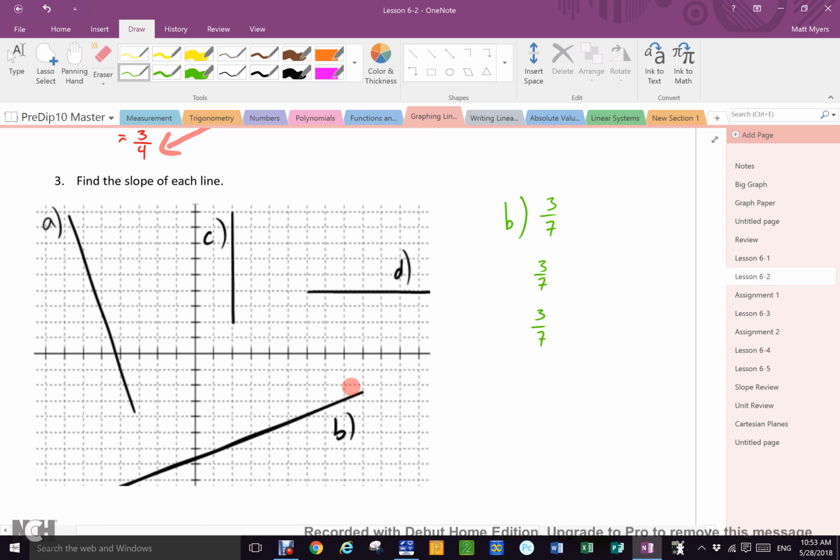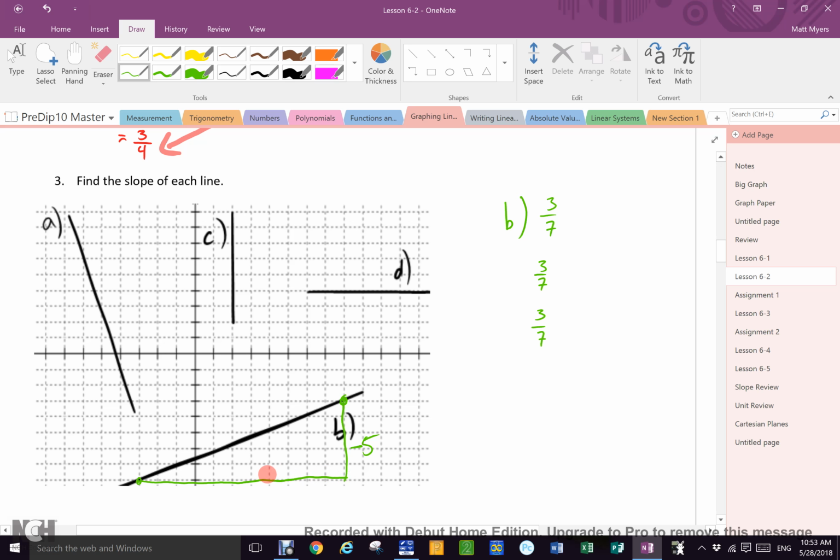So, if I started there, 1, 2, 3, 1, 2, 3, 4, 5, 6, 7. Does it show me you understand rise and run? Yeah? Does it work out exactly? I would go down to there. The biggest one I can get. 1, 2, 3, 4, 5.